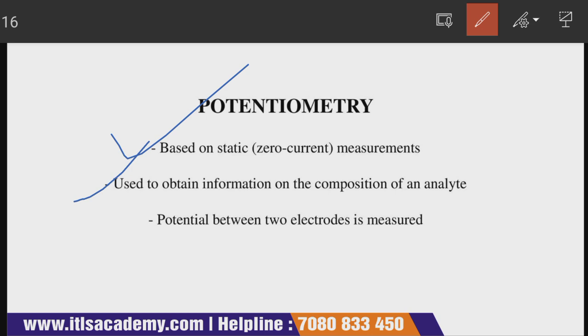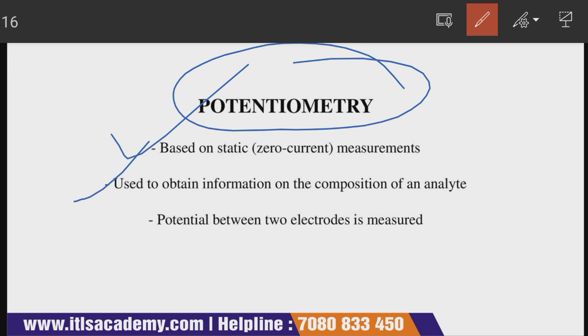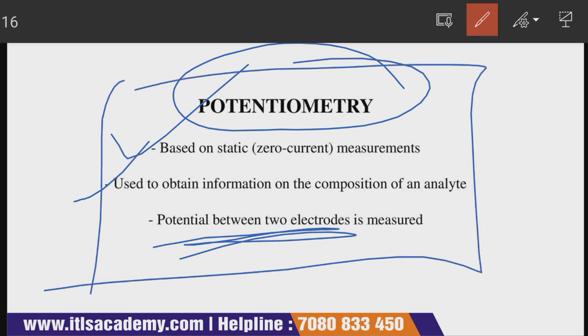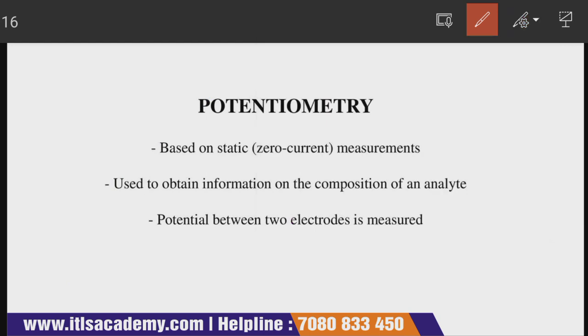Then the potential between two electrodes is measured. So with the help of the potentiometry method, you can measure the potential between the two electrodes. This is the overview of potentiometry. Basically, potentiometry is based on zero current measurement, known as static measurement.